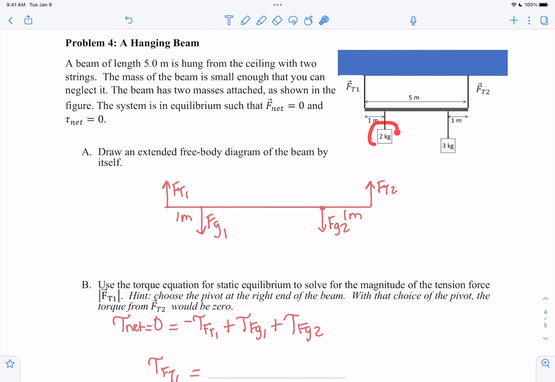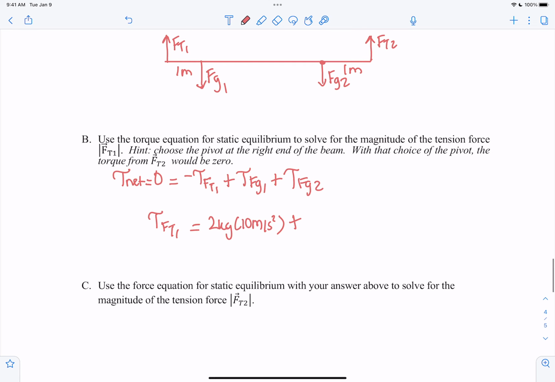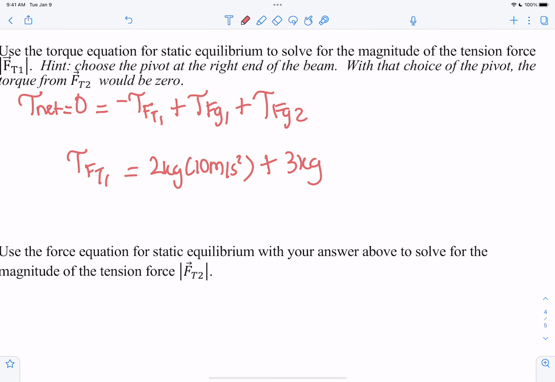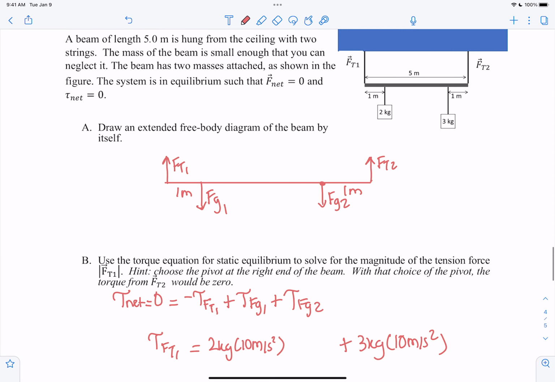We have this weight here that's 2 kilograms times 10 meters per second squared. And then we can add that to the torque due to Fg2. That's 3 kilograms times 10 meters per second squared. And then this is times the radius, which for this one right here is 1 meter away.